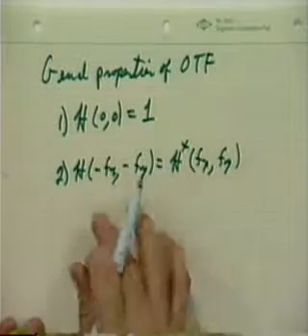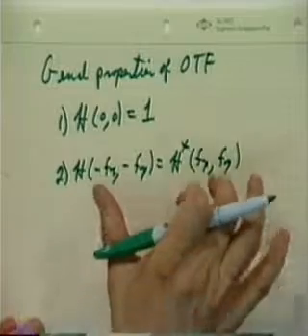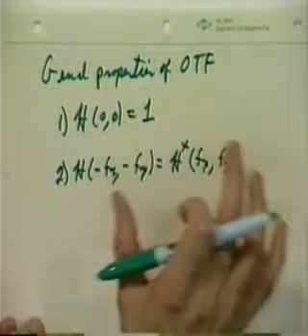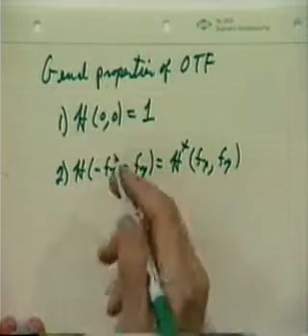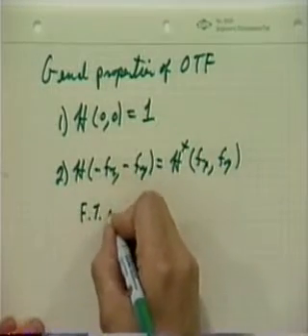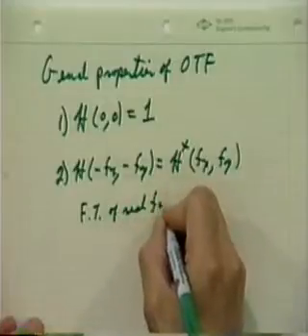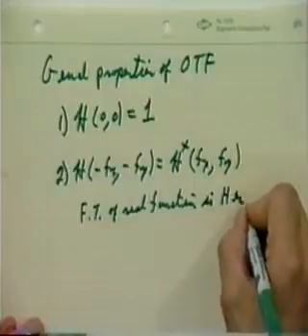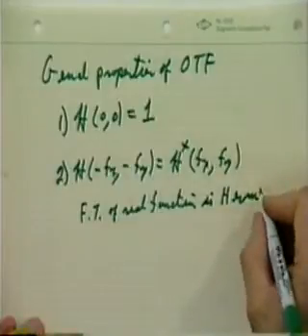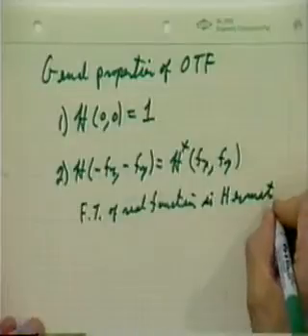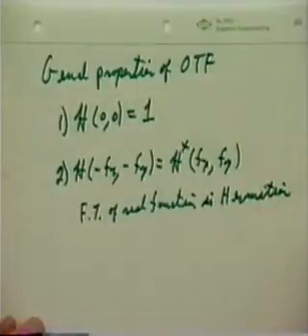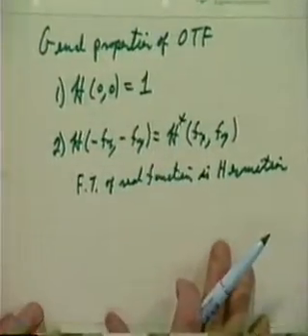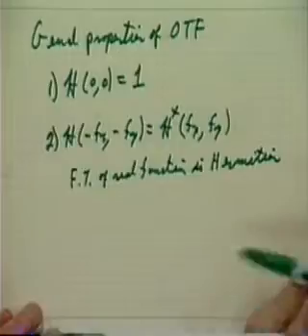One way of thinking of the OTF is that it's the Fourier transform of the intensity point spread function. The intensity point spread function is real, and the Fourier transform of a real function is Hermitian. Okay? So the OTF is Hermitian. We'll use that right at the end of this chapter for something we're doing.